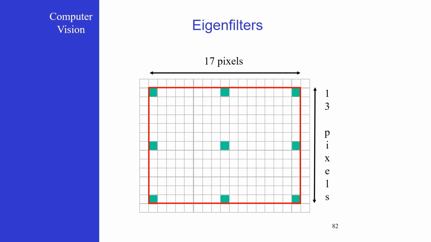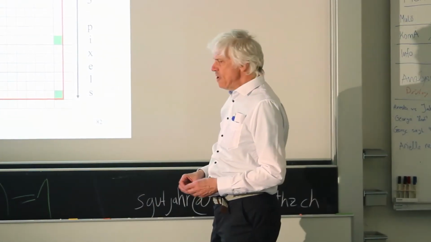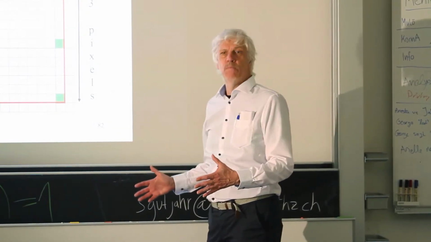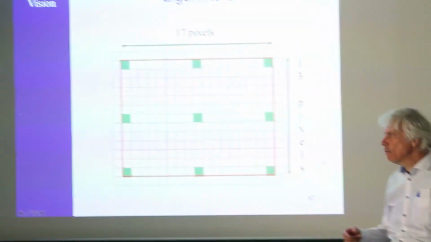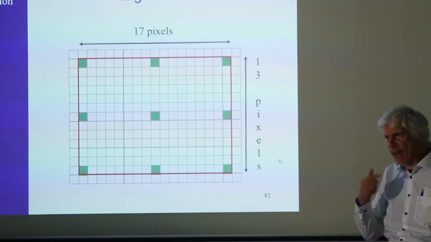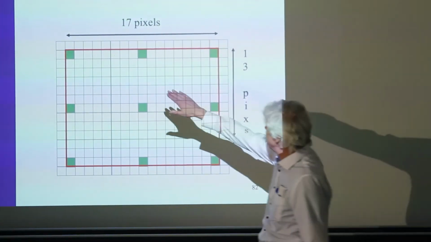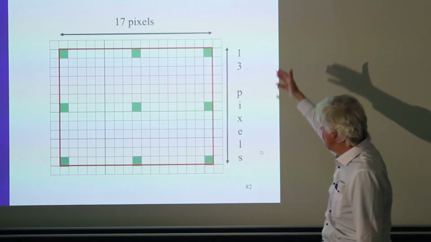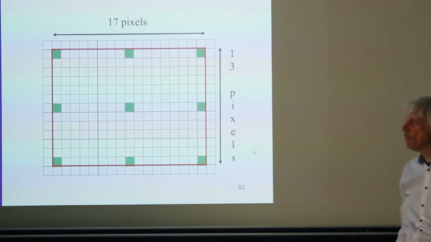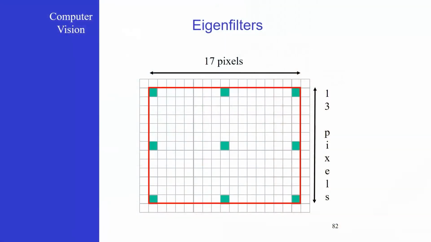We have to zoom in quite a bit onto the textile to detect even small errors. But that then also means that a period becomes pretty big. In this case, this particular inspection system on that loom, there were 17 pixels horizontally and 13 pixels vertically. That's a single period.